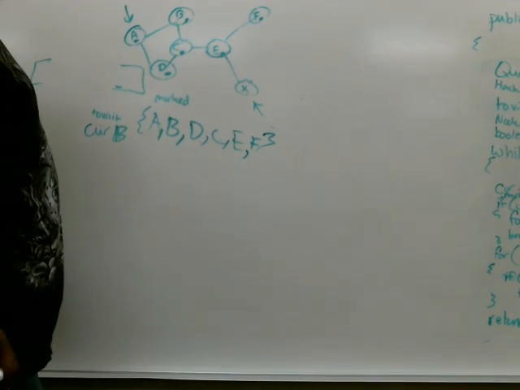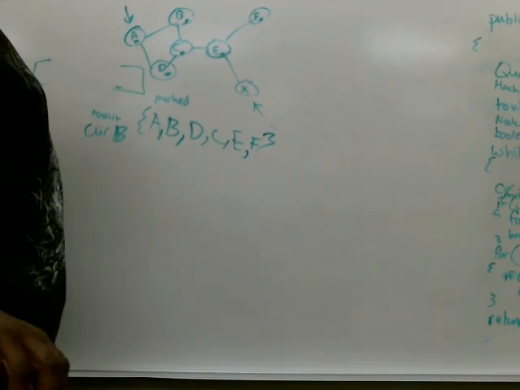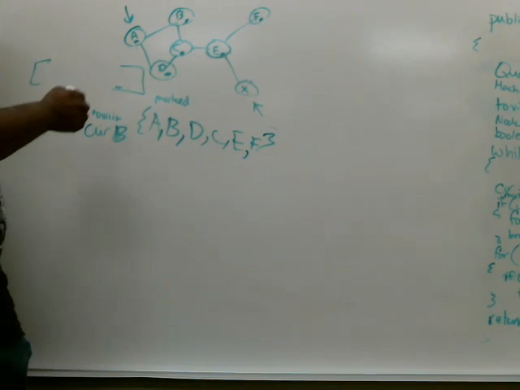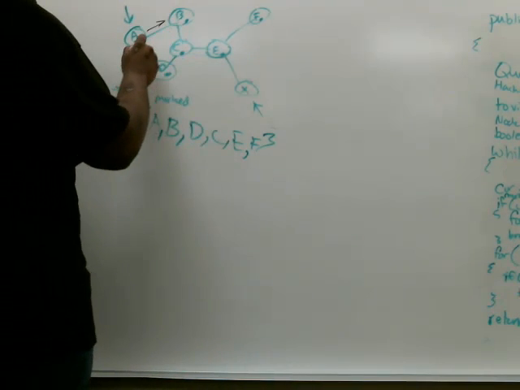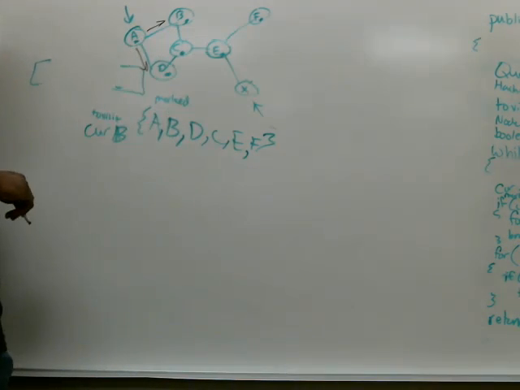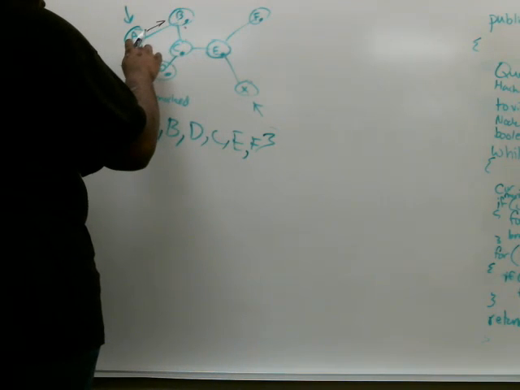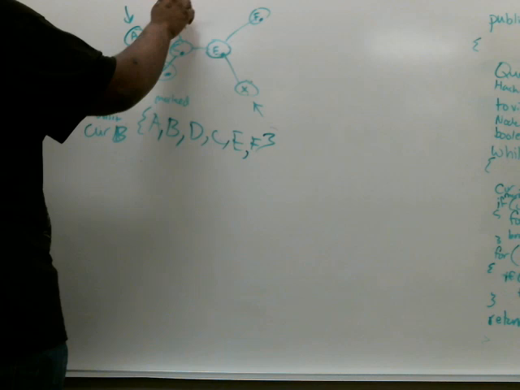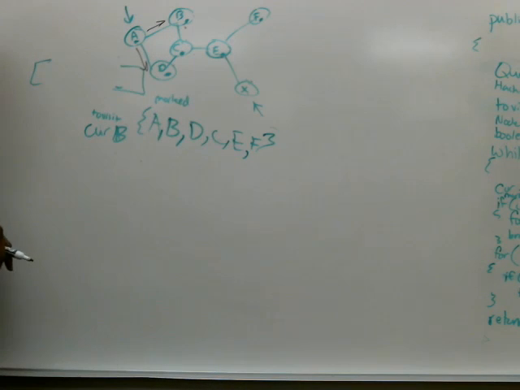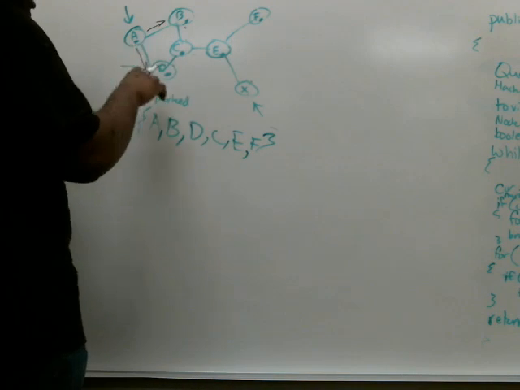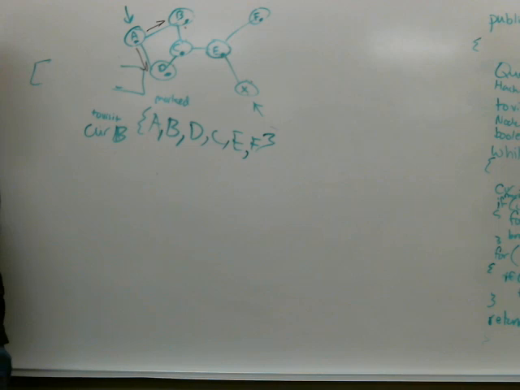Okay, so one of the properties of a breadth first search is, we look over here, and then we look over here. We check all of A's neighbors before we check all of B's neighbors, and before we check all of D's neighbors.